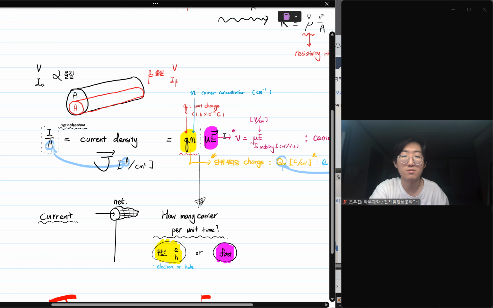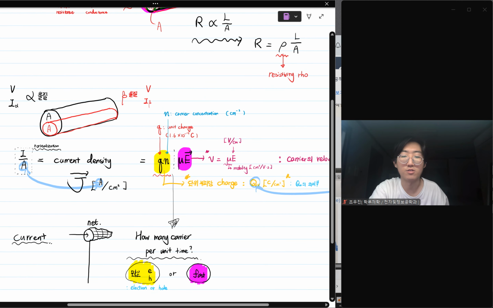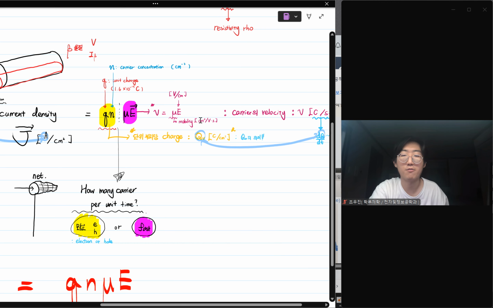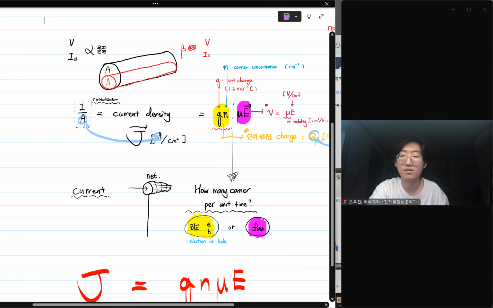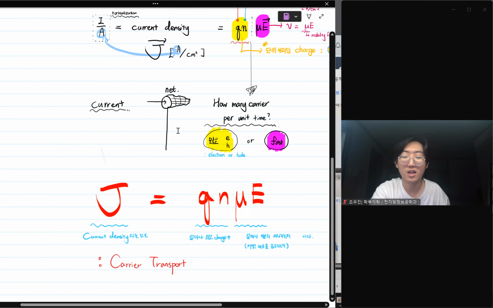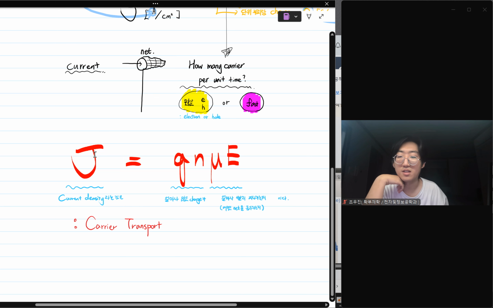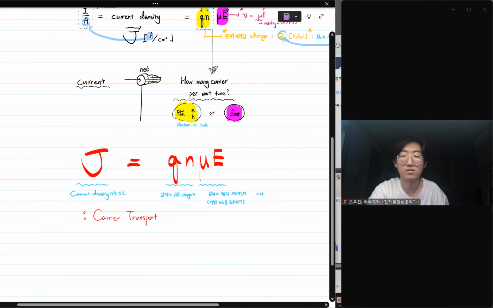And this pink part means how fast they move, the velocity of the carriers. So we can understand this equation for J: current density is q times n, how many charges, times mu times E, how fast they move. This expresses carrier transport.